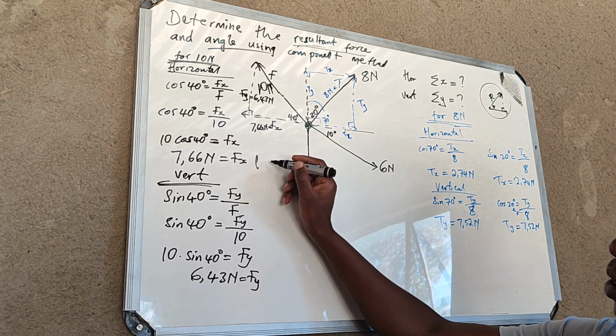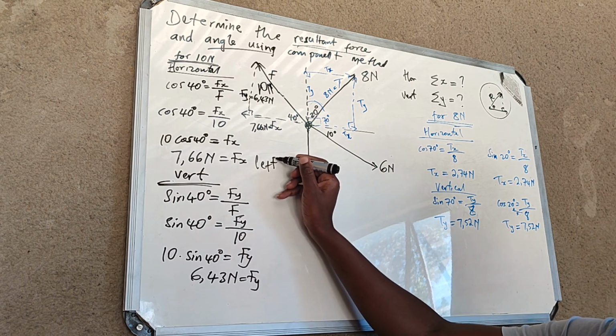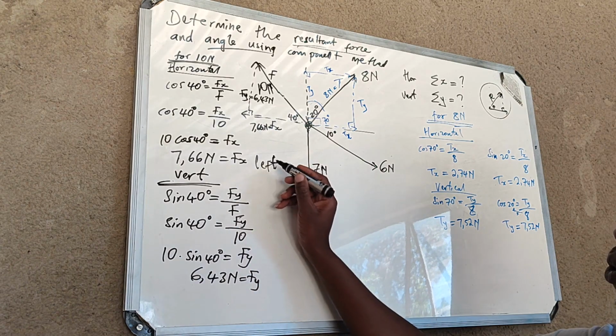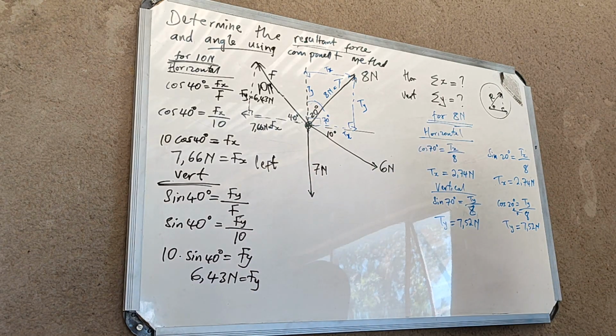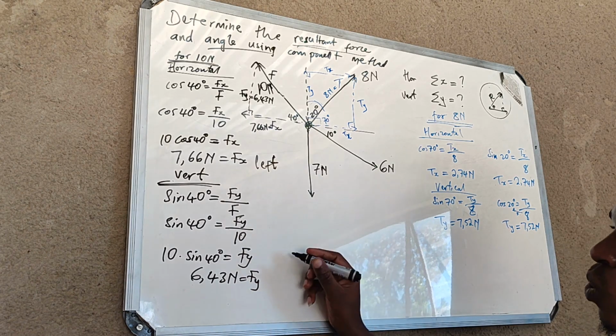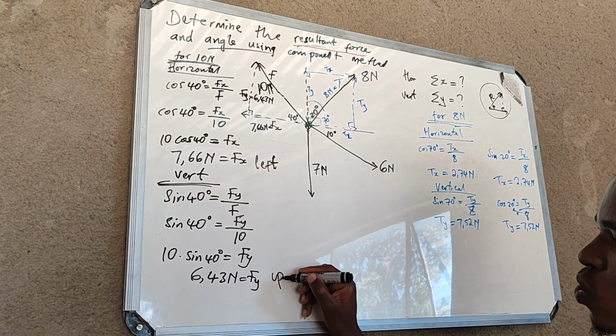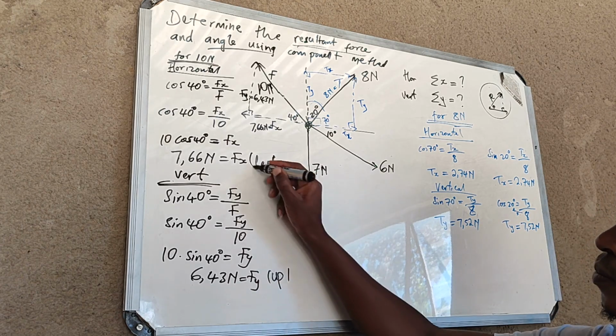X is going left. So this will be left. Indicate the direction so that when you're going to sum them up, you know which one is positive or which one is negative. Okay? And then the y component here, which is Fy, is going where? Up. So this is going up.